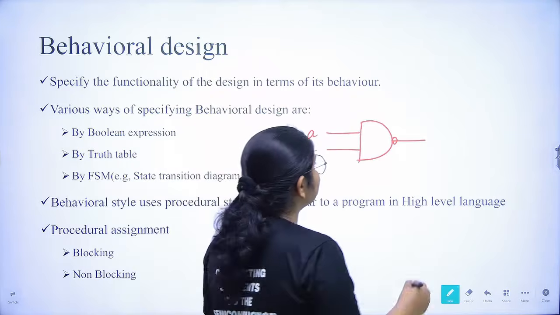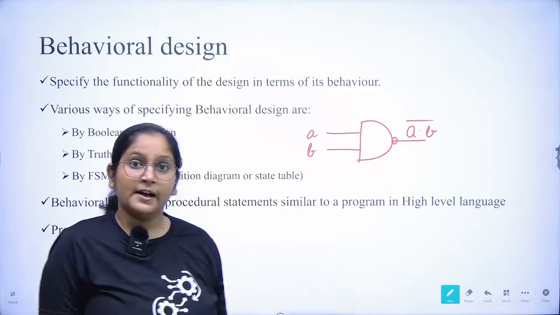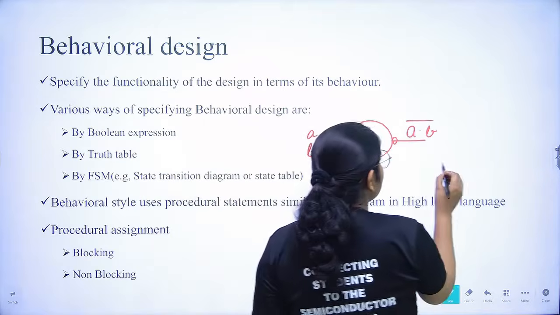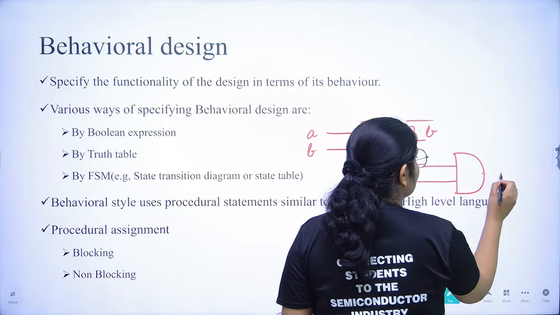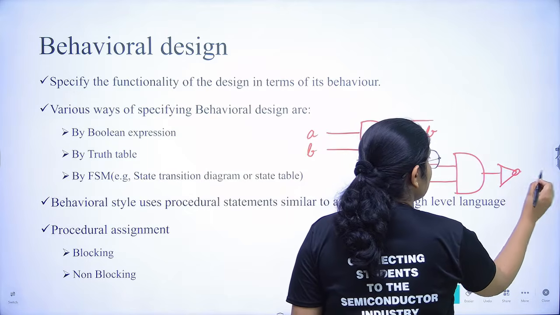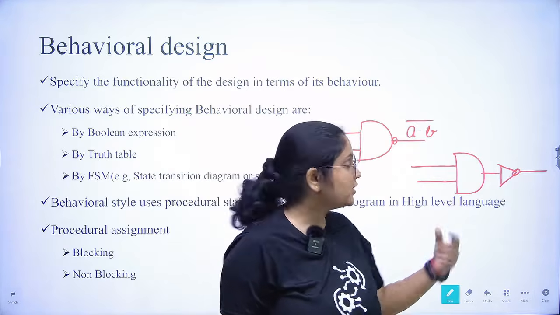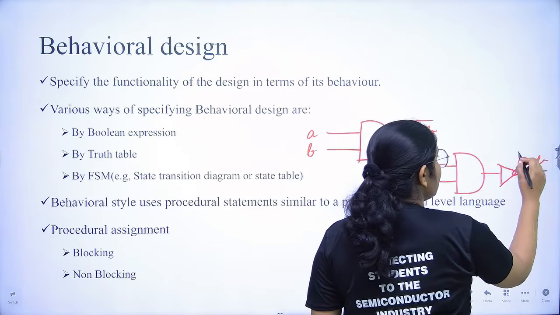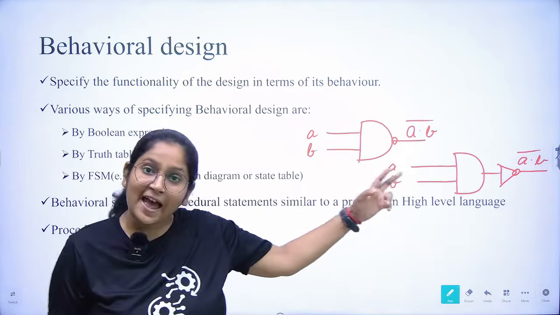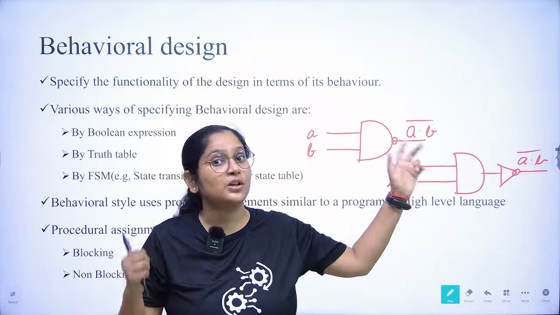It will have an output like this. But we can also make it this way, an AND gate along with a NOT gate. This also works similarly. They both have the same functionality, but they differ in their structures.